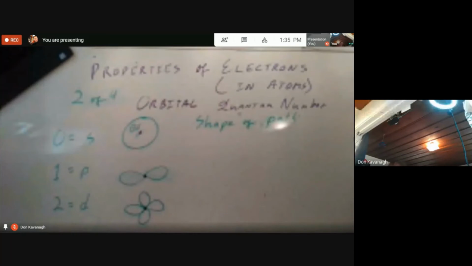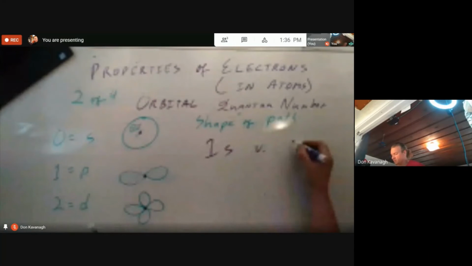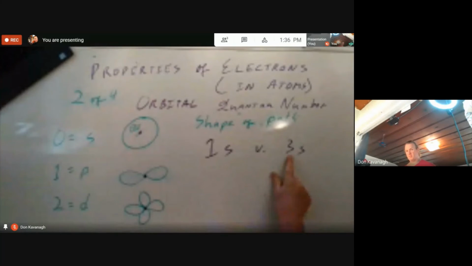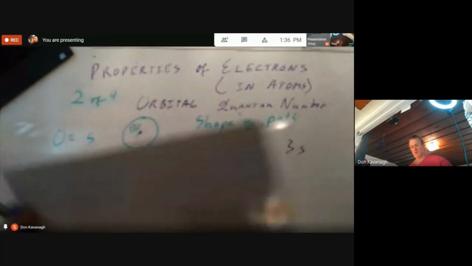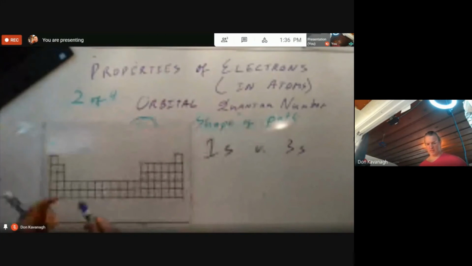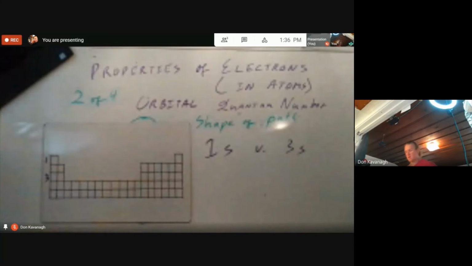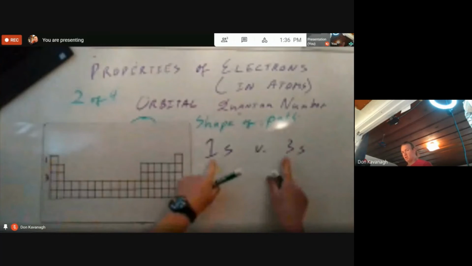A 1s versus a 3s electron. The 1 and the 3, they are the principal quantum numbers. And on the periodic table, the 1 and the 3 are checked out right there. That means that the 1 is closer to the nucleus than the 3.